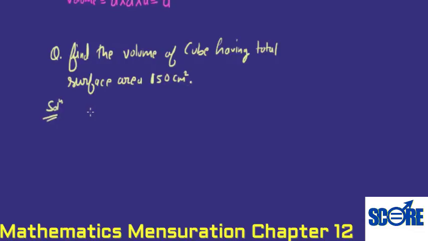So the solid given to us is a cube, and let its side be a. Its total surface area is given to us, that is 6a square, which is equal to 150 centimeter square.